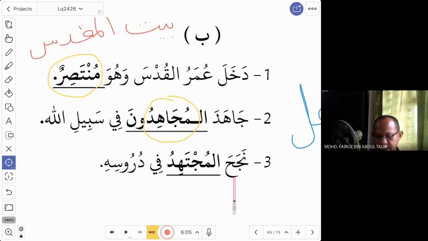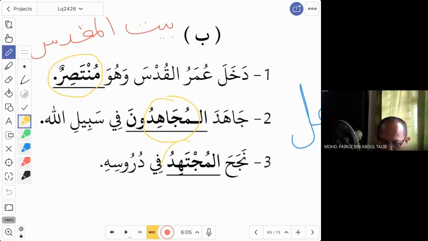Mujtahid is another isim fa'il because the meaning is the person who works hard. Again, there is no wazan fa'il at all. Instead, it has this mim, mu, in the beginning.